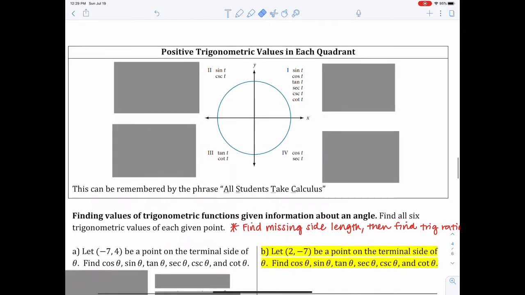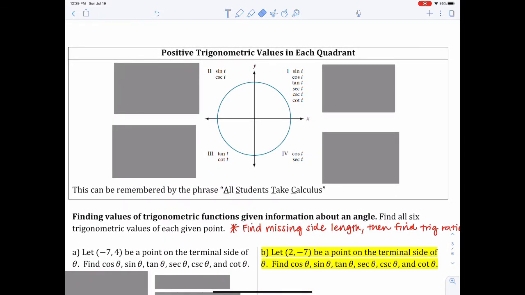Now let's talk about where our quadrants are and what trig functions are positive in each quadrant. So if you see here, we have a unit circle that's unlabeled, and we have all of these trig values that are listed in each quadrant. This is all the positive values. So in quadrant 1, let's just start there.